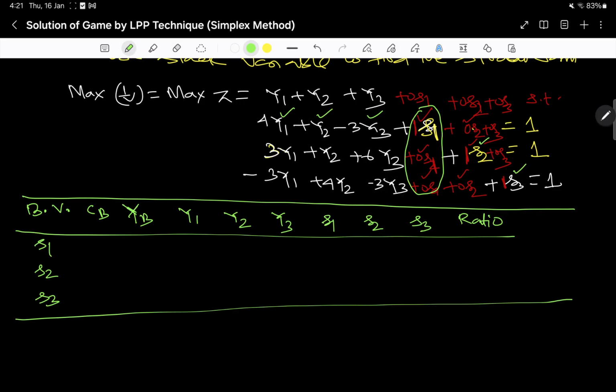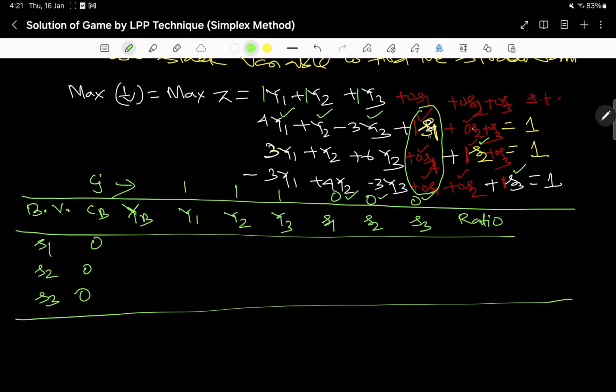Cj is 1 1 1 0 0 0. Cb means the objective coefficient of s1, s2, s3, it is 0 0 0.